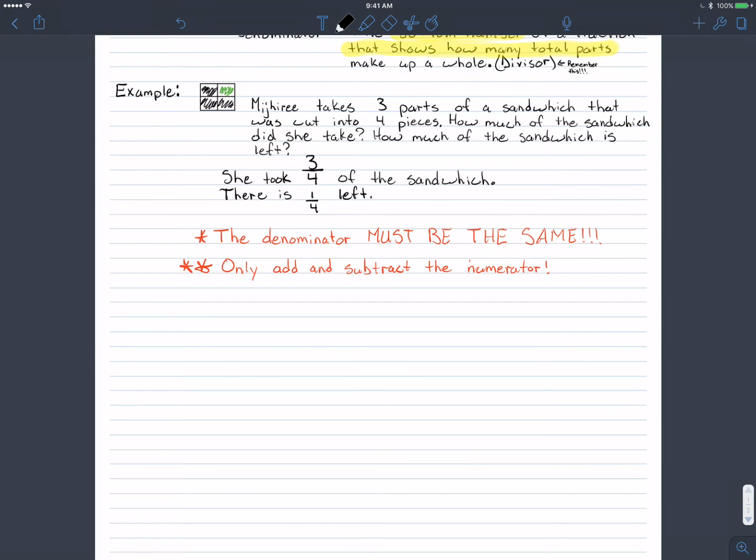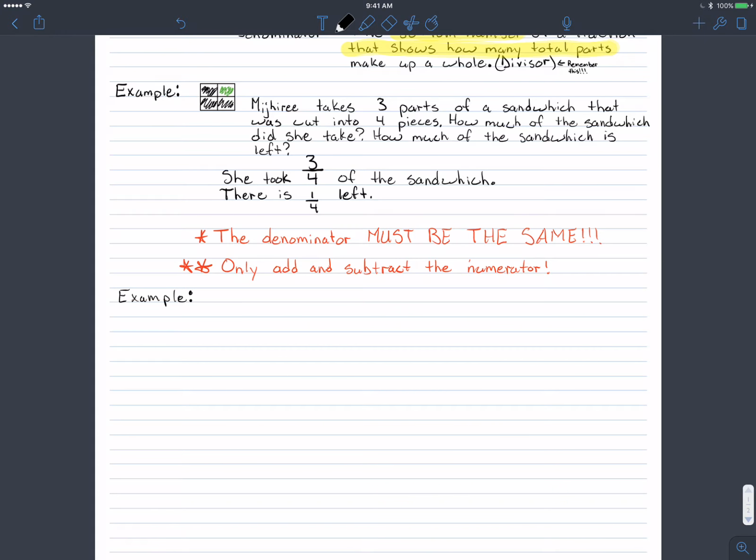So let's see how that looks. So our example, we'll take the first word problem that was written up here by Majari. So if we look at our problem, we can see that we have 4 equal parts.